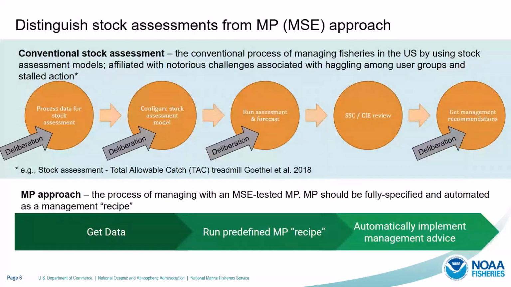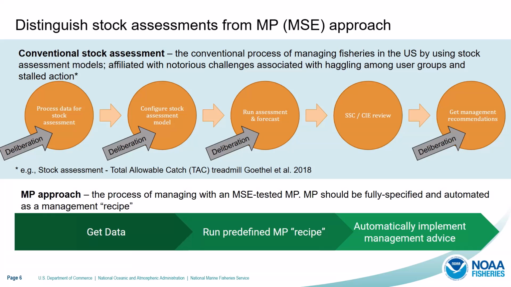We also want to distinguish stock assessments from the management procedure approach. I assume we're all very familiar with the conventional stock assessment process, where we collect a bunch of data, configure stock assessment models, run the assessment and forecasts, make sure it's best available science, and use that to get management recommendations.